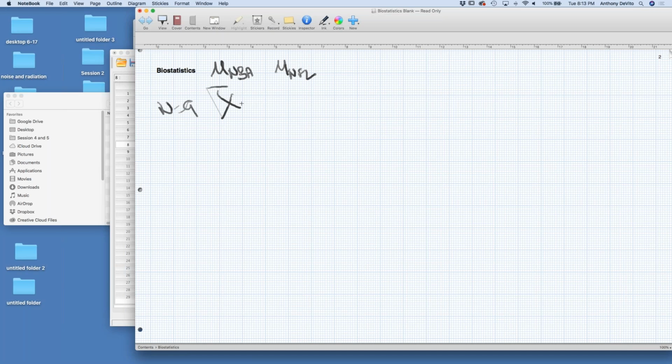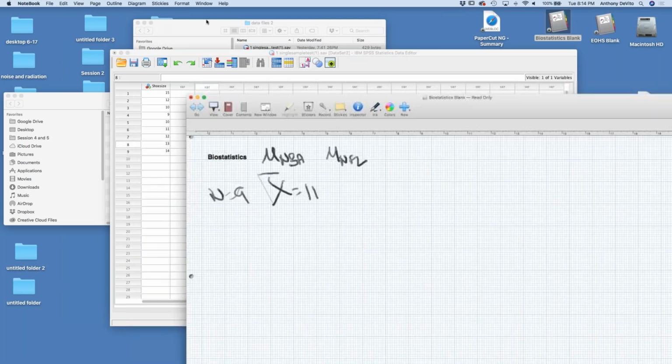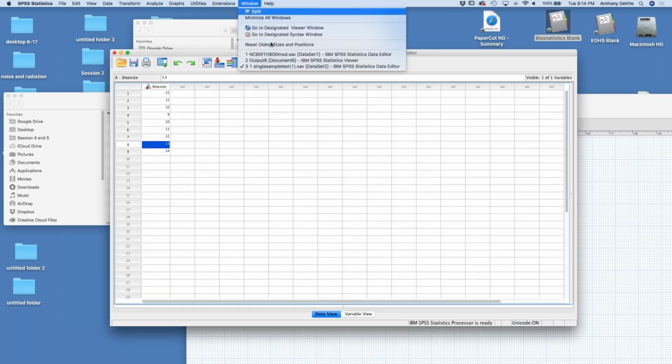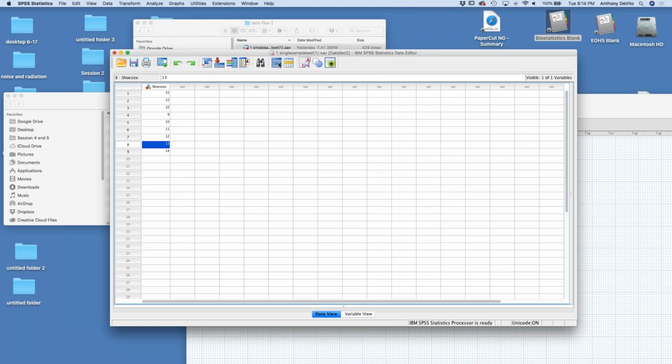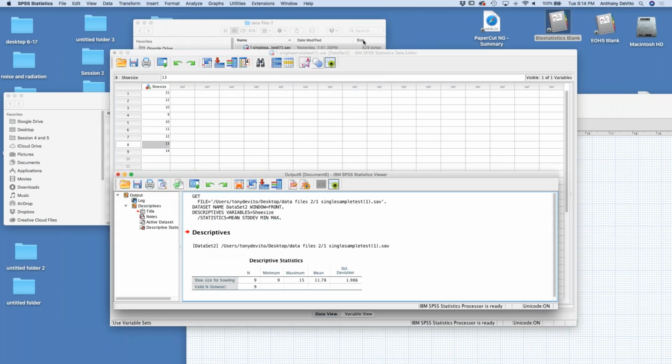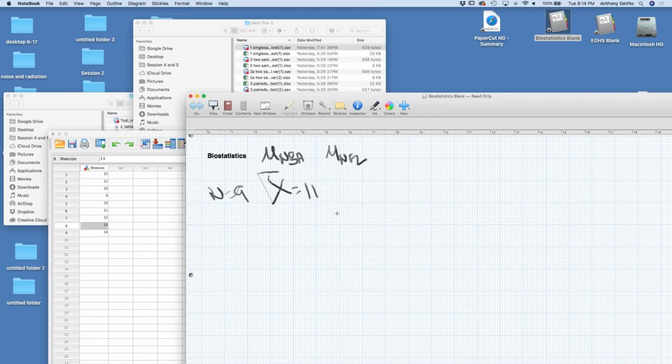My sample of size 9, the mean is equal to, I missed it, I have to go to the output window. Okay. It is 11.78.